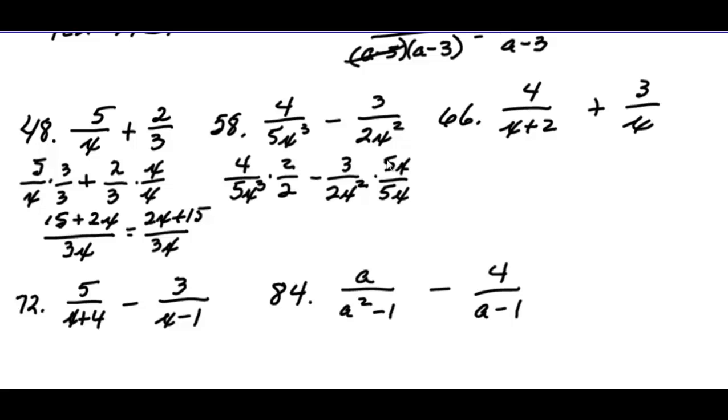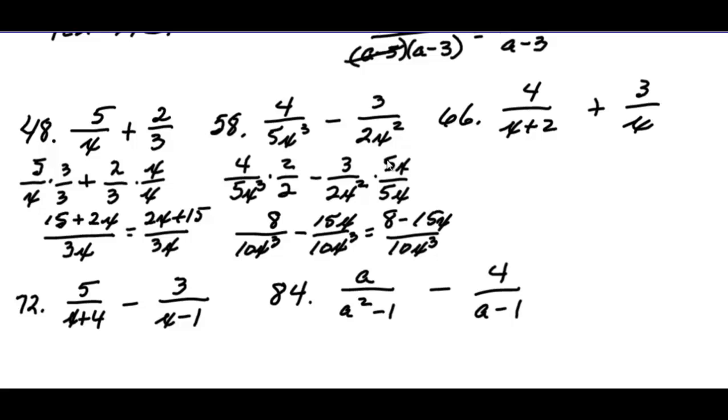What that gives us now is 2 times 4, 4 times 2 is 8 over 10x cubed minus 3 times 5, 15x over 10x cubed, which gives us 8 minus 15x over 10x cubed. And unfortunately, again, there's no way to reduce that down to lower terms, so that's our answer.